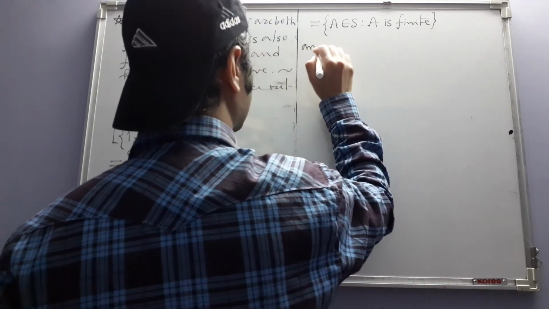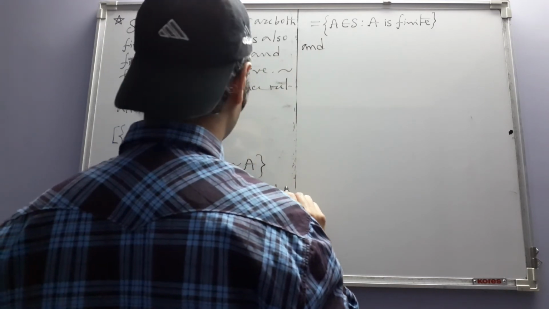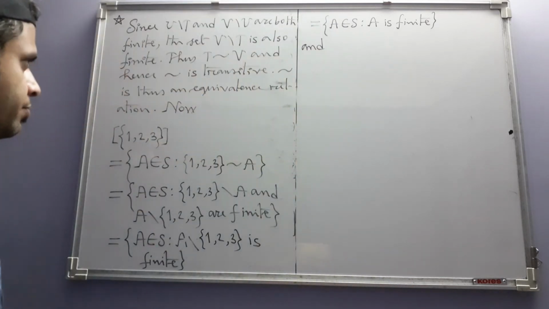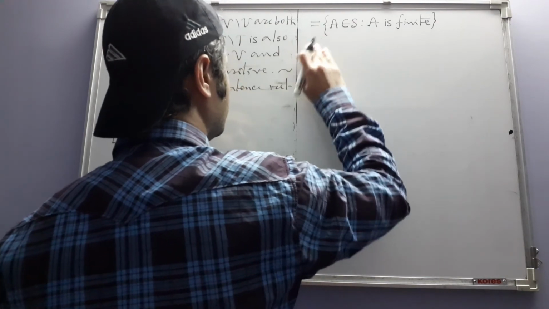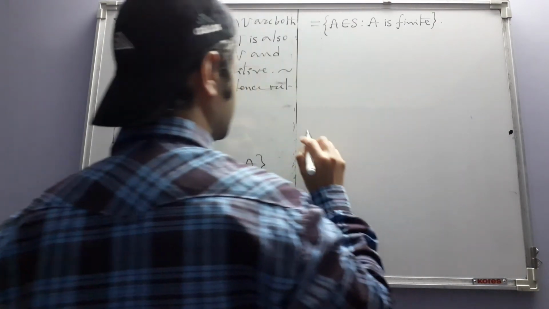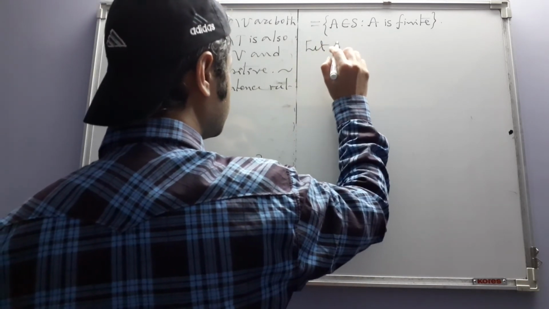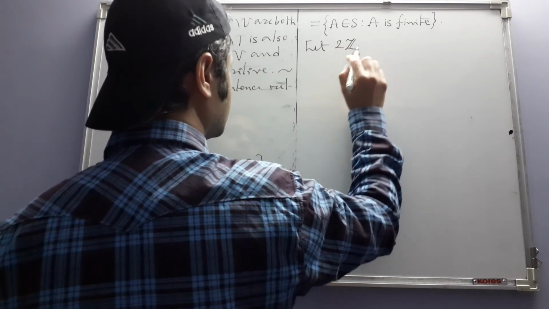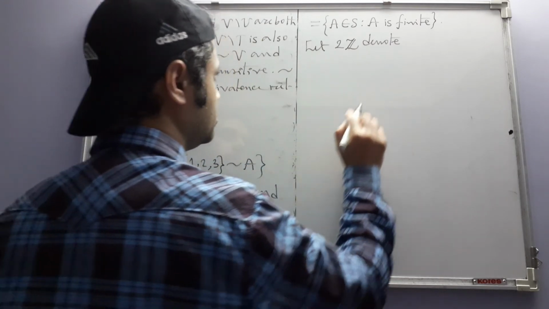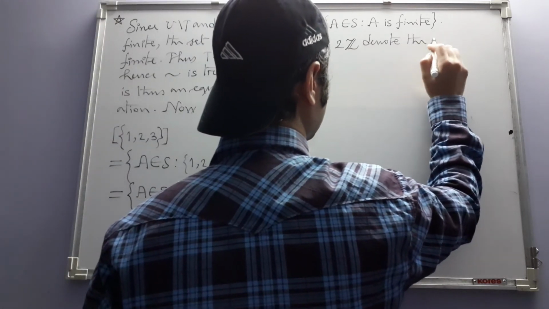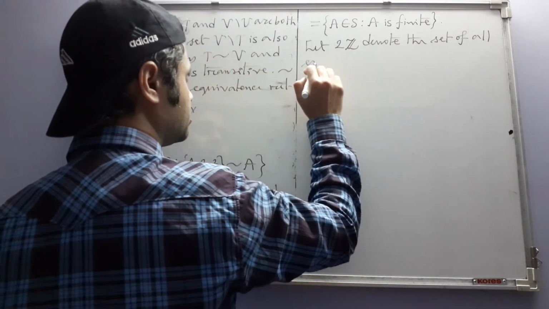And okay, to write the things in a more simple way, let us invent one notation. Let 2Z denote the set of all even integers.